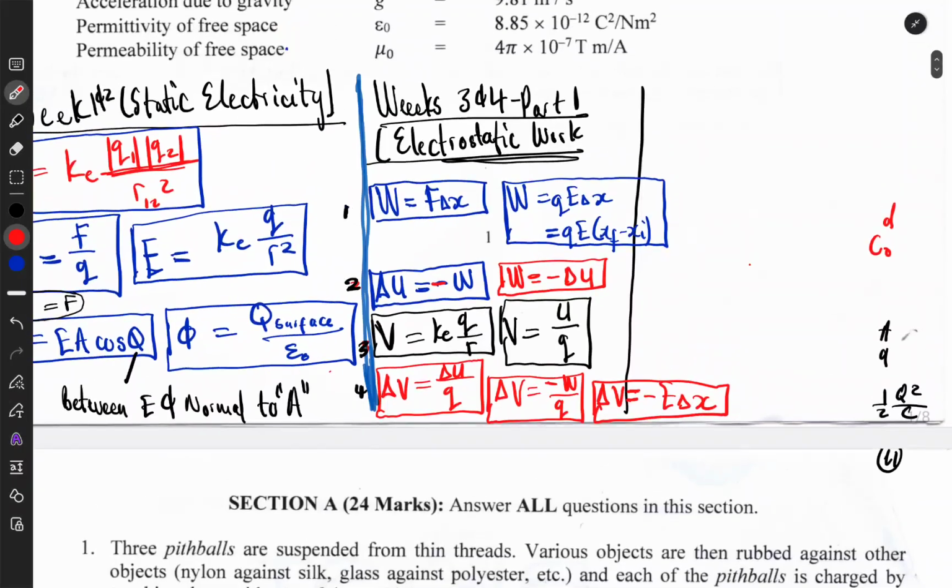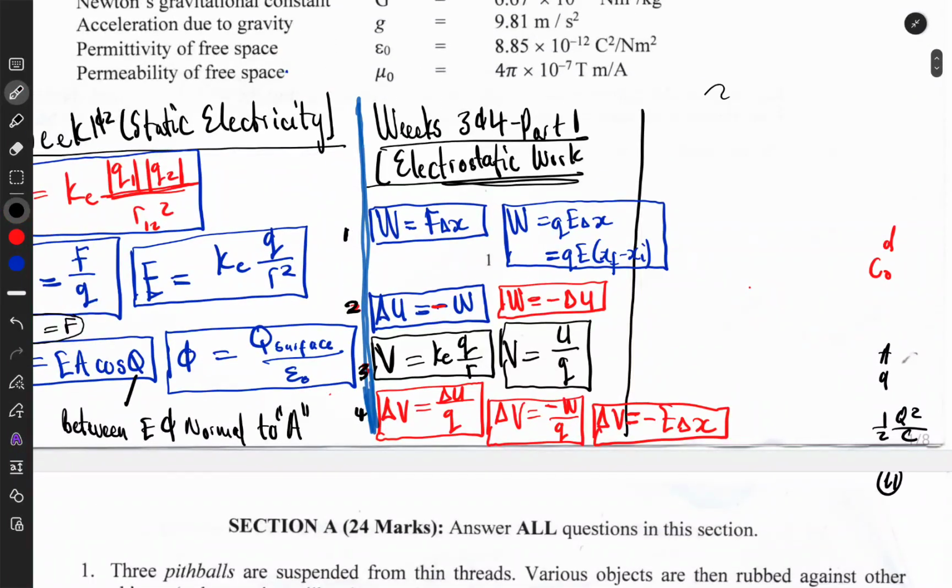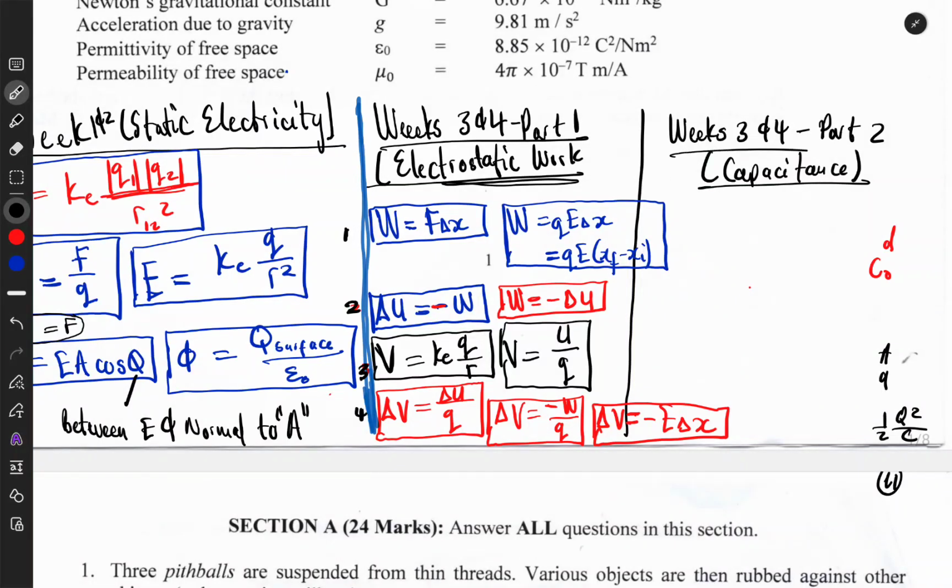All right, now we go to the last part, which is going to be capacitance. So we can say weeks 3 and 4, part 2, okay, which is the last thing you're going to need to know for your test, capacitance. These are the formulas we need. Okay, so for capacitance, how many formulas do I have again? 4, okay?